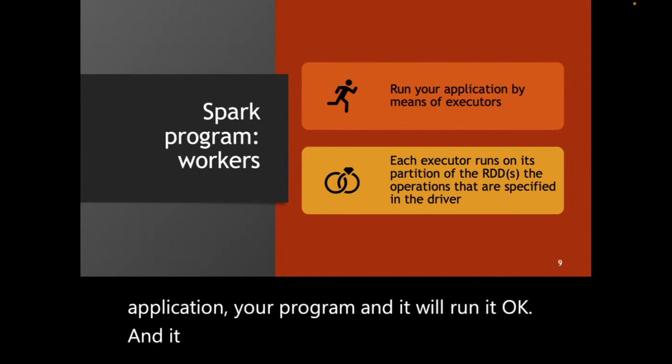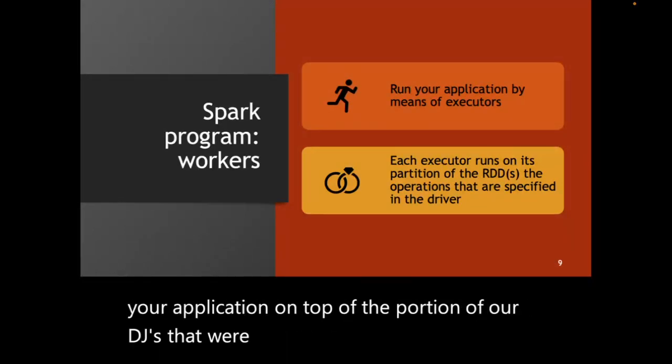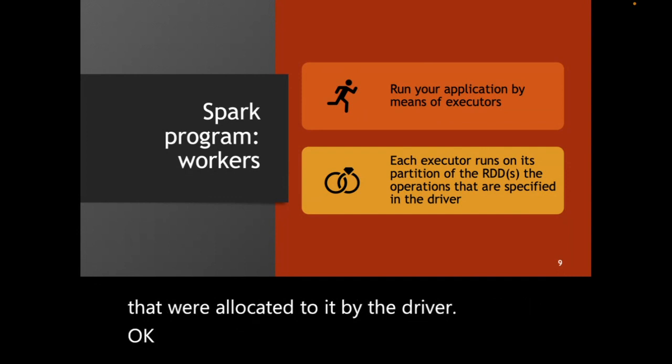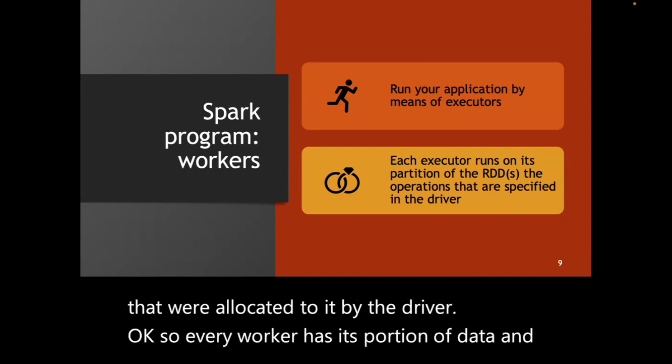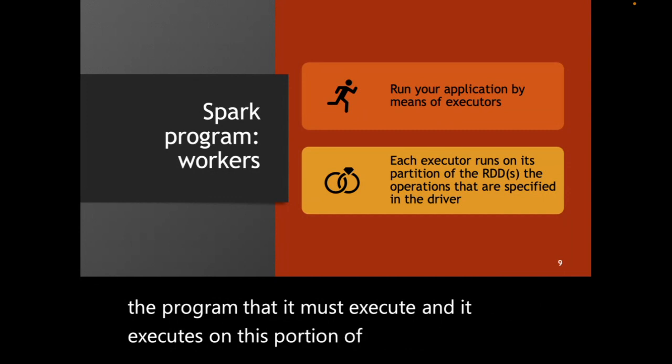Each executor will run the operations of your application on top of the portion of RDDs that were allocated to it by the driver. So every worker has its portion of data and the program that it must execute, and it executes on this portion of data.